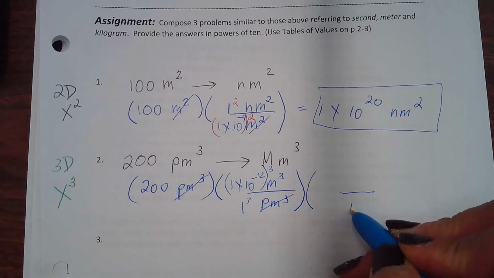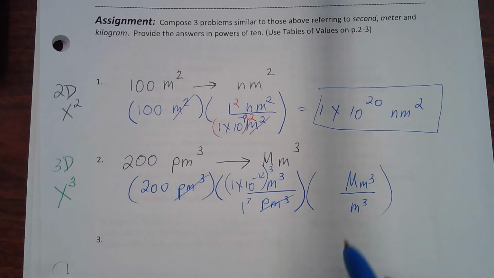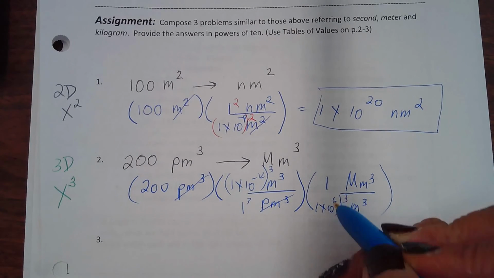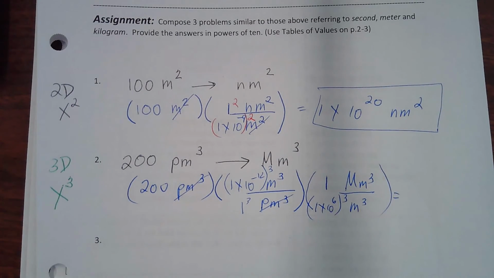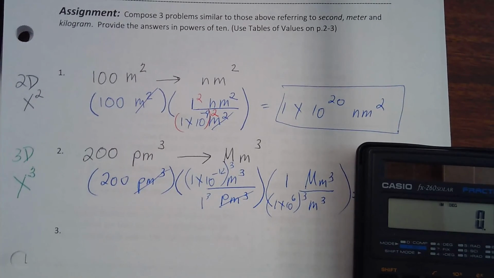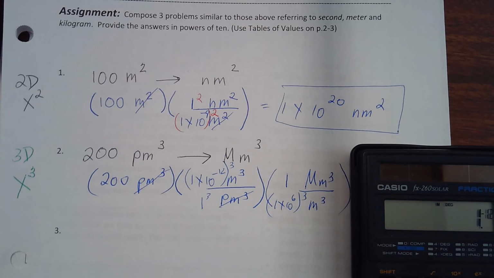Go ahead, you're trying this on your own, right? You know how to do this. And then I put 1 where there's a prefix. Go. So you have an x cube in your calculator.